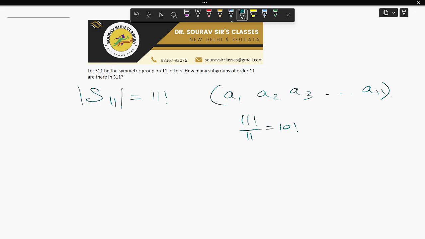Each 11-cycle generates a cyclic subgroup of order 11. The group Z11 has exactly phi of 11 generators, where phi is the Euler totient function, and phi of 11 equals 10. So each subgroup contains exactly 10 distinct non-identity elements.